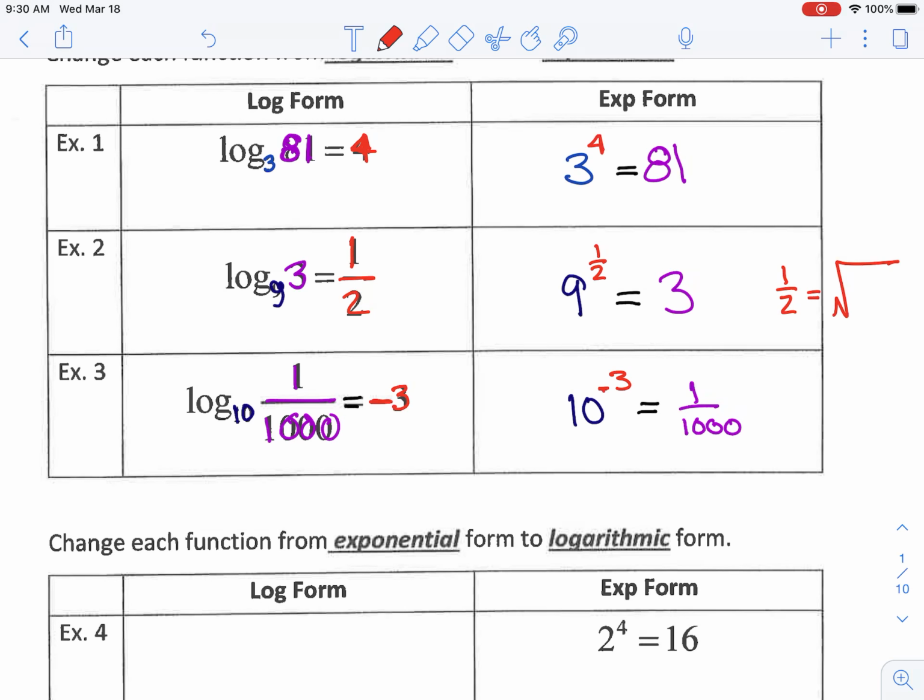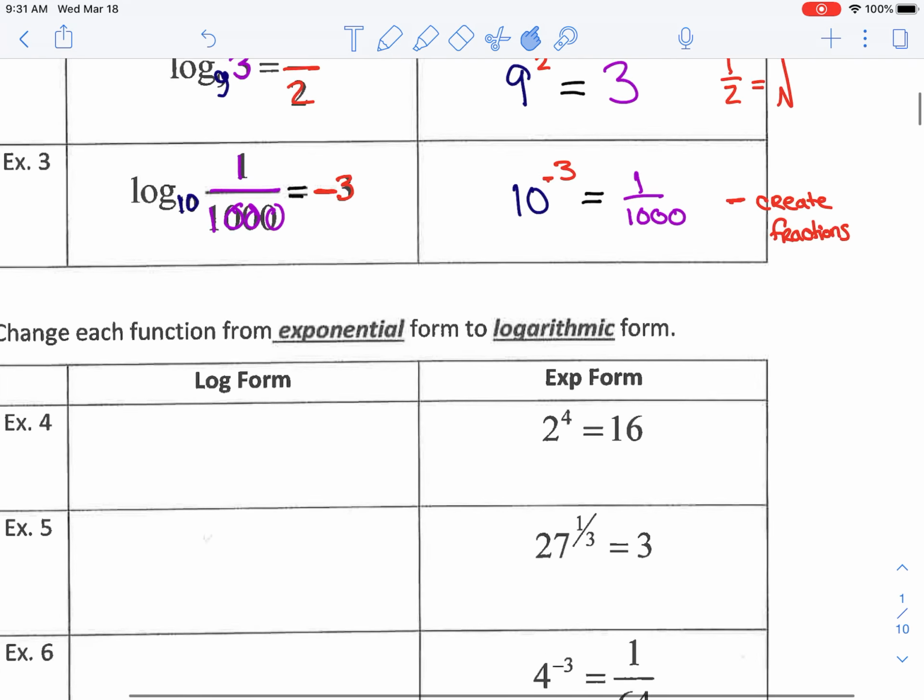And then that 3 was there to create the 3 zeros. So remember that negatives create fractions. Okay.